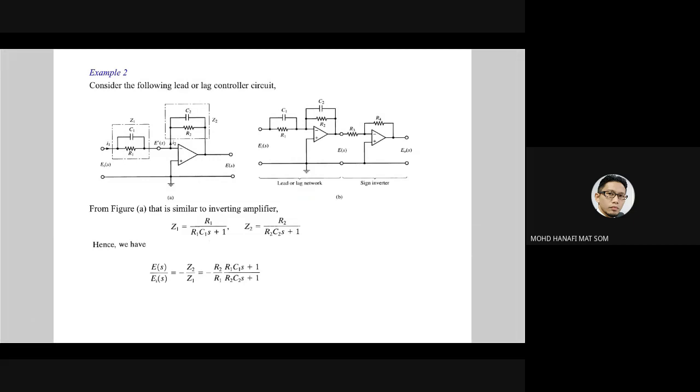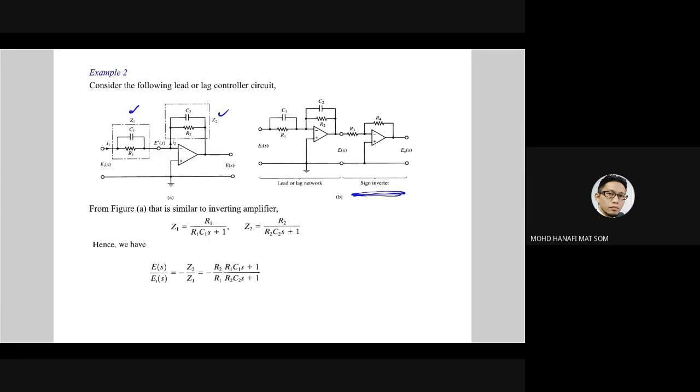We have now example 2. For example 2, consider the following lead or lag controller circuit. Similarly, you can lump this portion into Z1 and another portion into Z2 here. Then we have another component here at this portion.